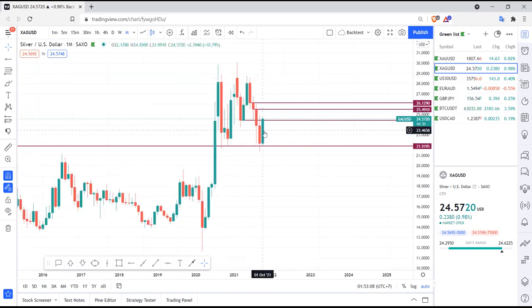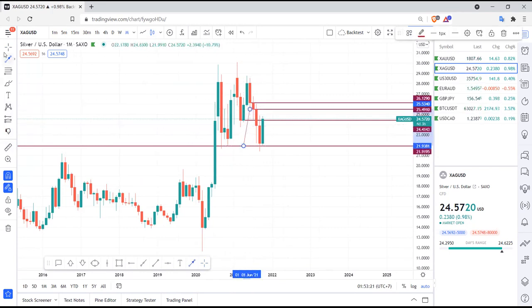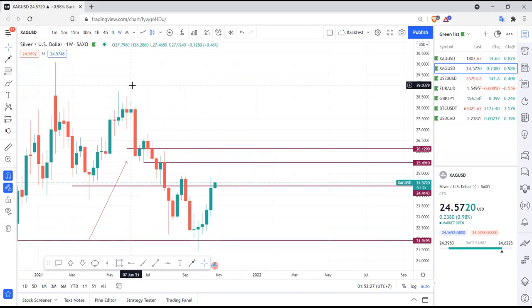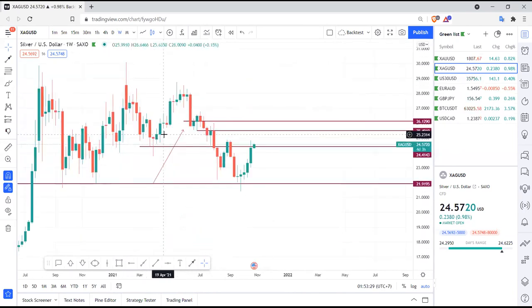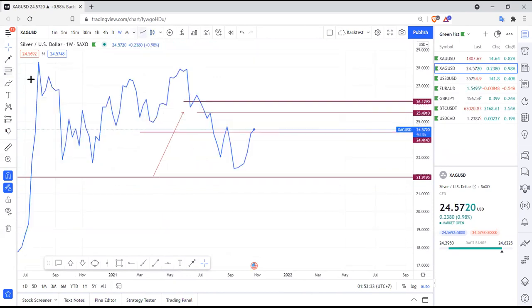Okay. So in this red candle, price already rejected the monthly breakout. So our target is going up, like this. Then I will go to weekly. In weekly, I will go to line chart and find the breakout.